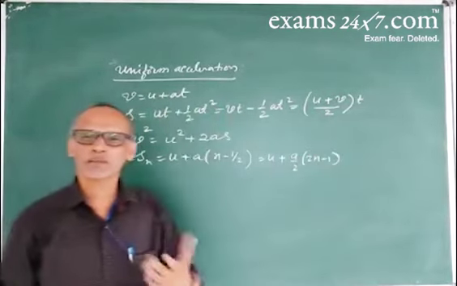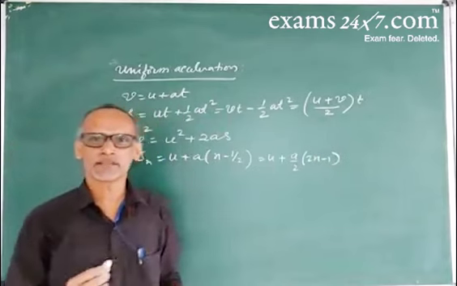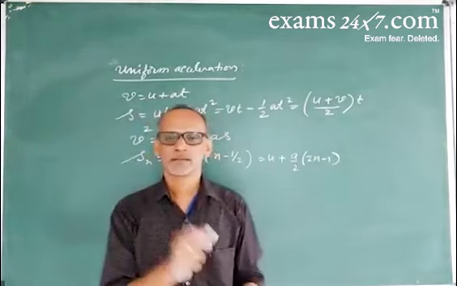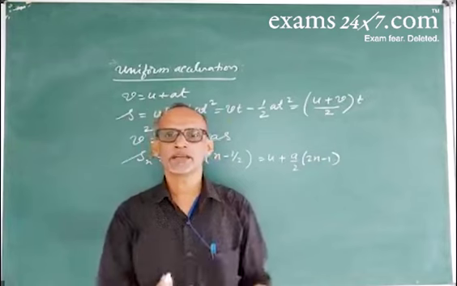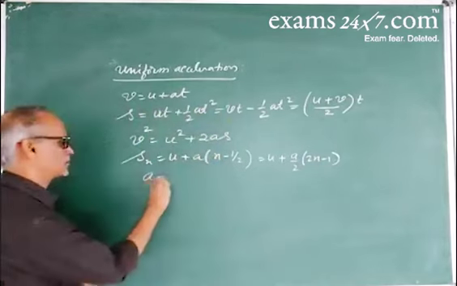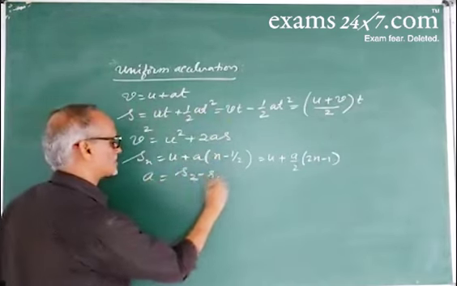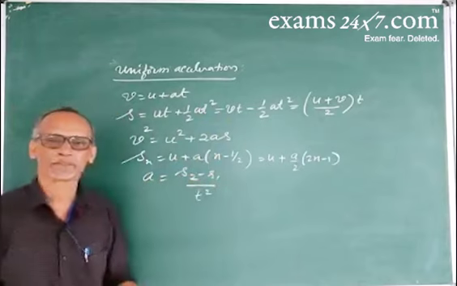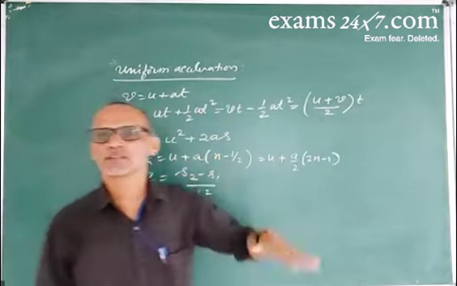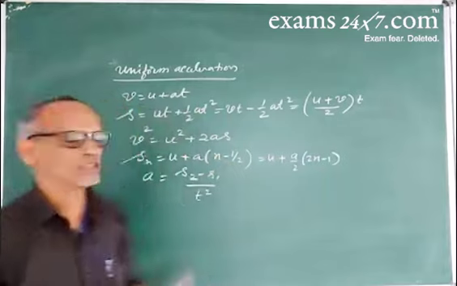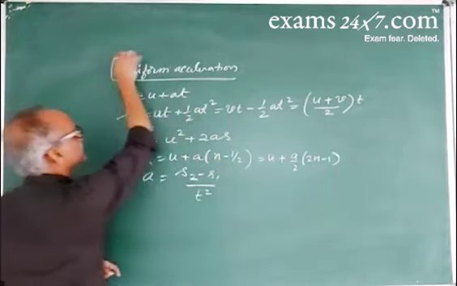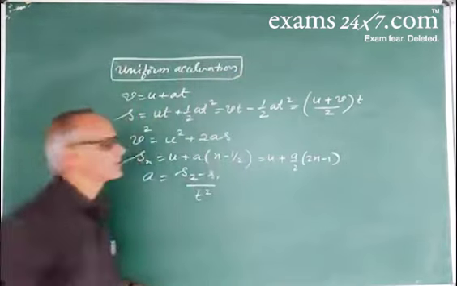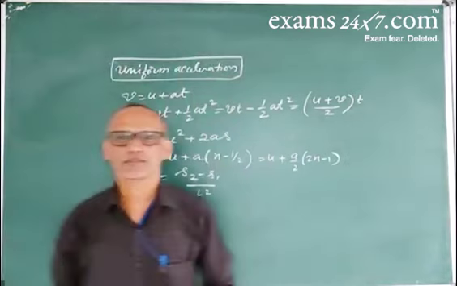And then we have one more special case where if a body covers two distances, s1 and s2, in equal intervals of time, then the acceleration is given by s2 minus s1 by t square. So most of the numericals are based on these 5 equations, and the condition to use these equations is that we have to make use of the uniform acceleration.